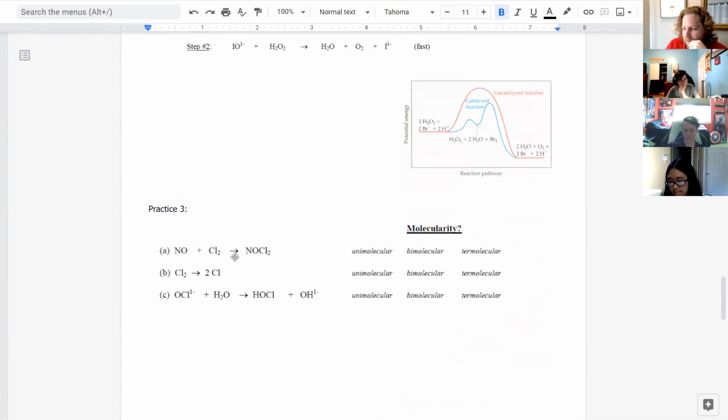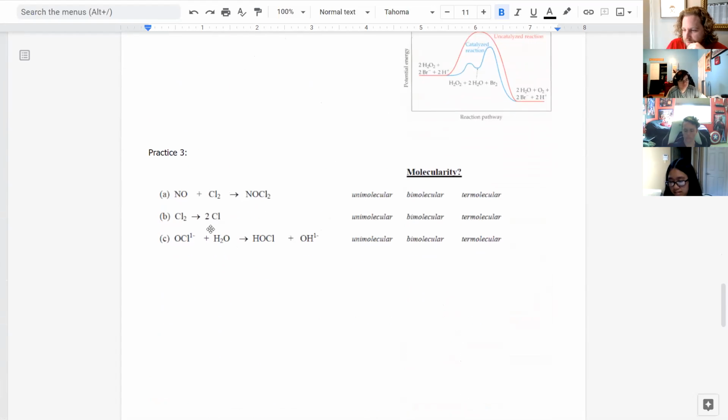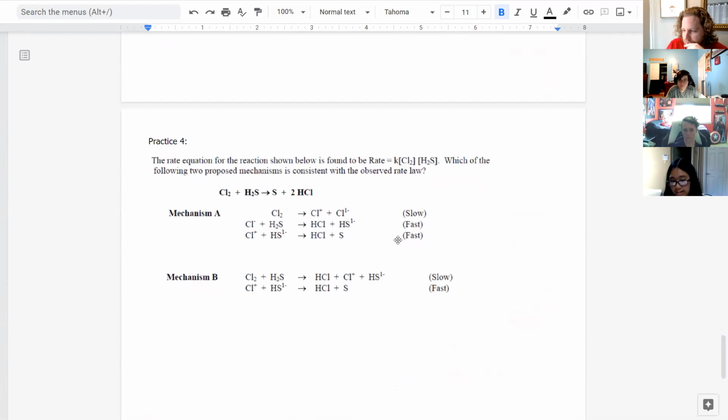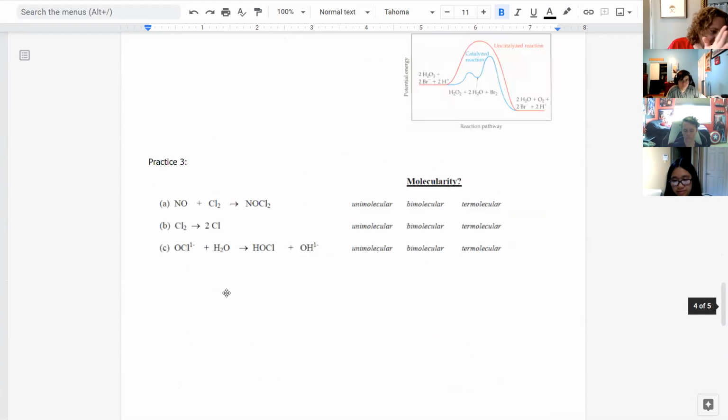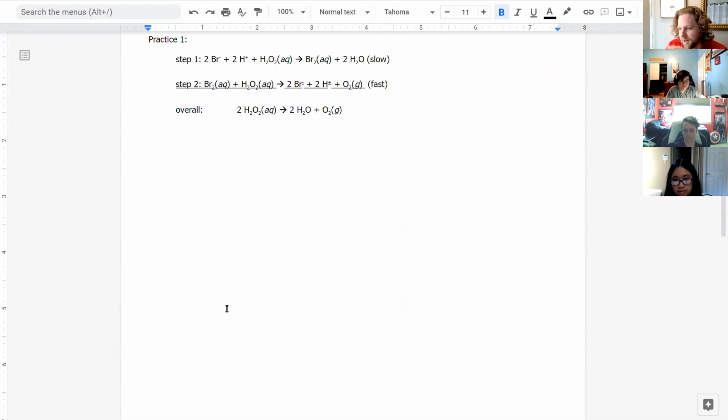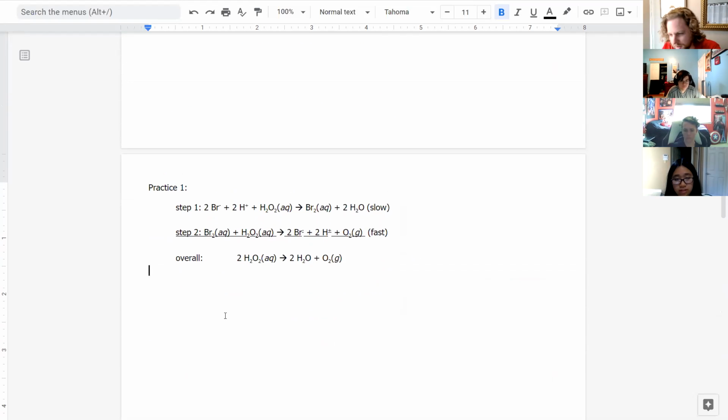If you notice step 1, this one doesn't mention which one's slow, but if the slow step's not the first step, there's a thing you've got to do with equilibrium and a little bit of substitution, and that's something for later. Very good observation. And that is explicitly mentioned in the text. It's mentioned in the supporting videos that I posted. So we'll get there. I believe I attached those videos. I'll check. Anyway, practice 1.